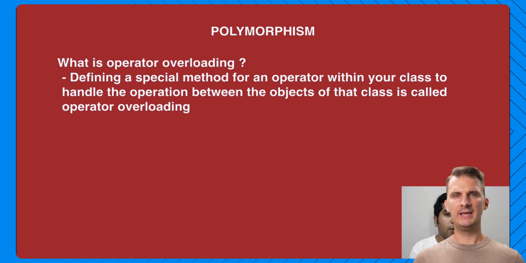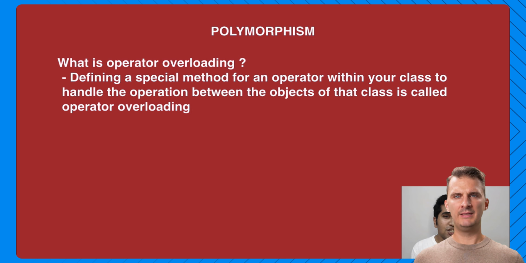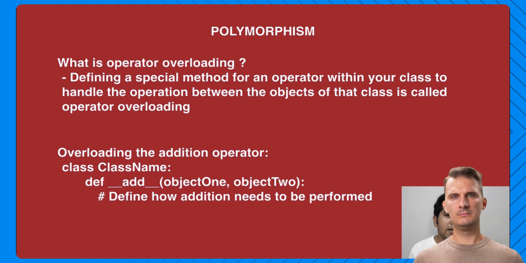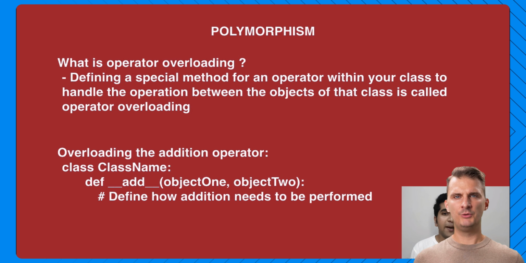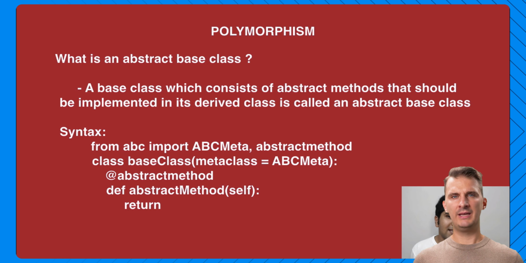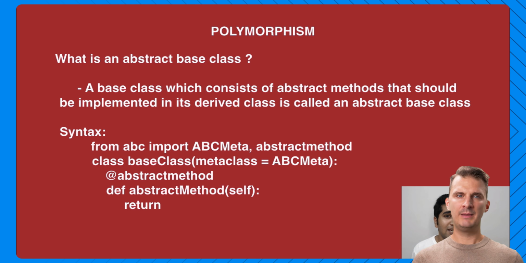And then you learned what operator overloading is, which is you tell a particular operator to handle the operation between the objects of this class in a particular manner by defining the special method of that operator. And then you learned to overload the add operator by defining the special method __add__ within your class. And then you learned what an abstract base class is, which is a base class which consists of abstract methods which are to be redefined within their derived class, and how to make a class an abstract base class by making that class an instance of another class called ABCMeta.